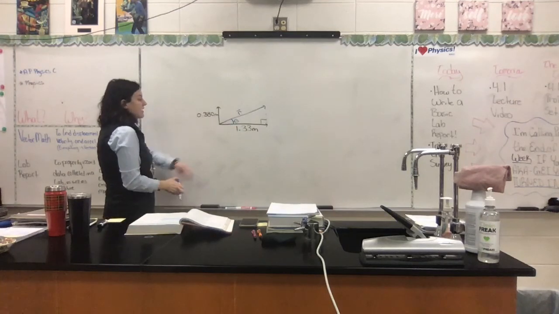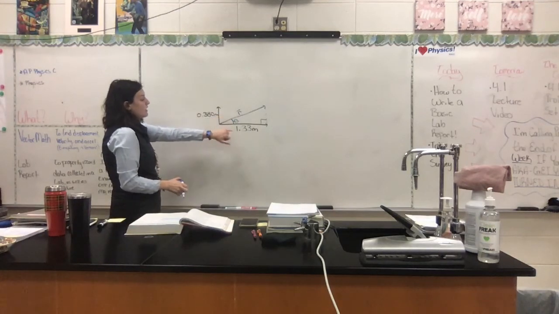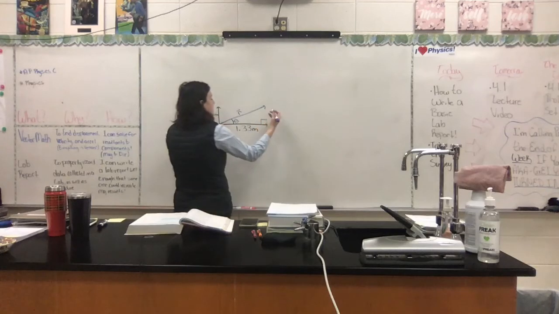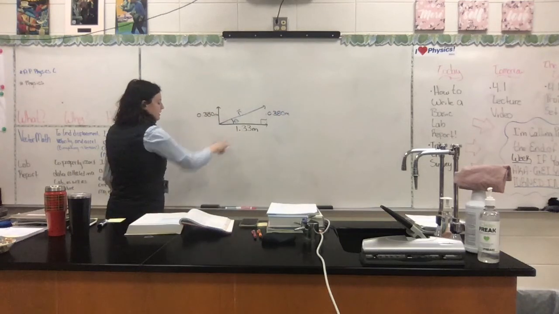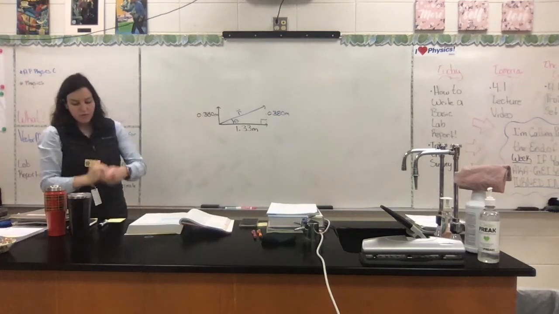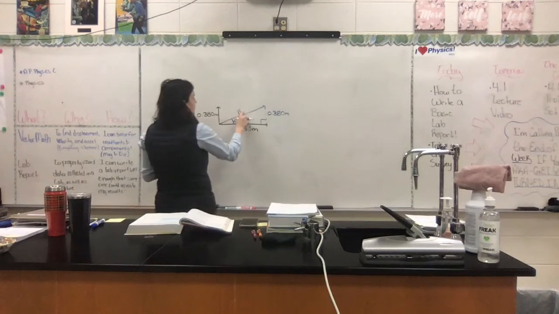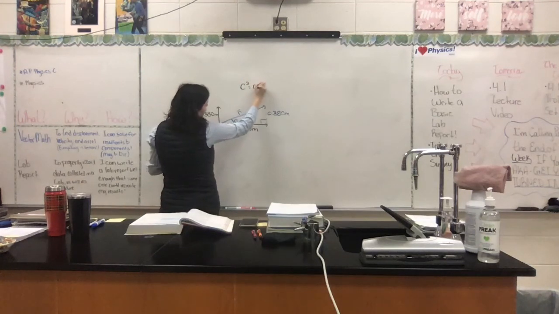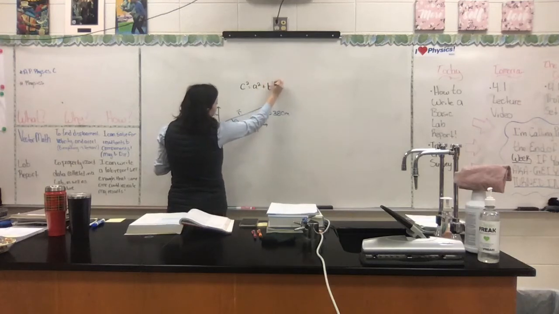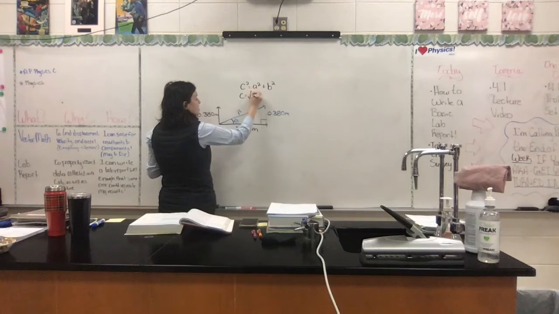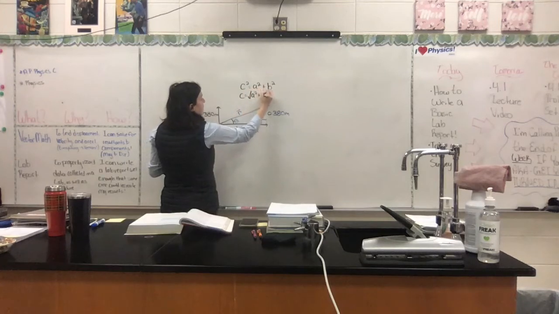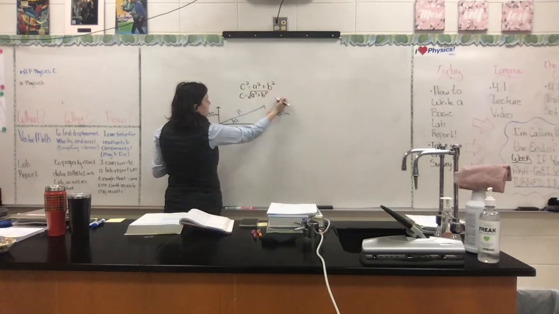Which means that to find this, we can use the Pythagorean theorem because this side is 0.380 meters and this side is 1.33 meters. So we know that this would be our C, right? So C squared equals A squared plus B squared, which means we can do C equals the square root of A squared plus B squared, okay?